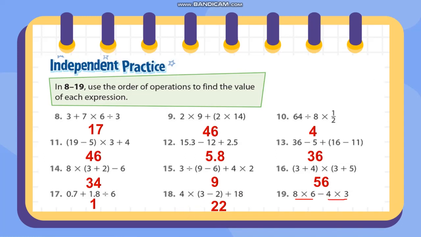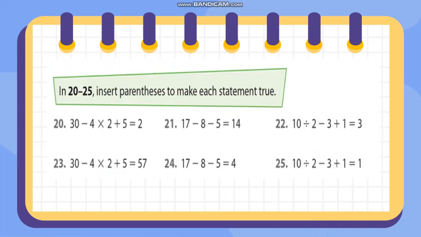So 8 multiplied by 6 is equivalent to 48, then minus 4 multiplied by 3 is equivalent to 12. So 48 minus 12 is equivalent to 36.